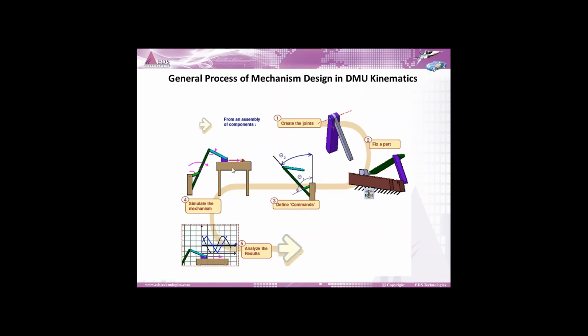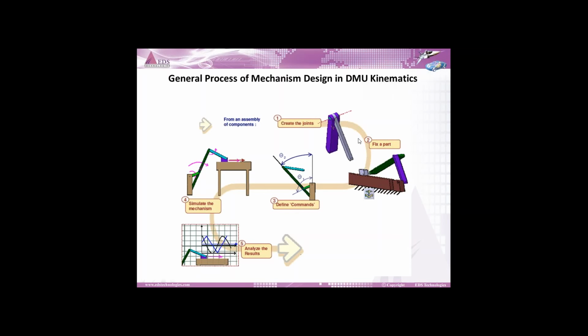When you study the motion, you will be able to understand what is exactly happening in an assembly. When you study the motion of an assembly, if there is any clash in your assembly, you will be able to analyze it by doing this analysis.